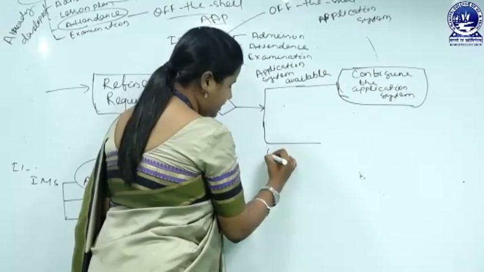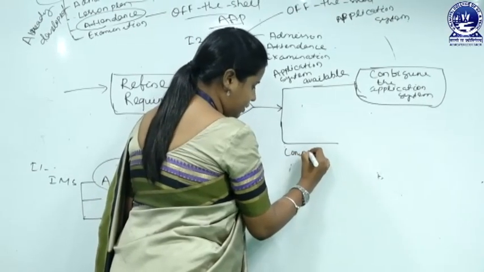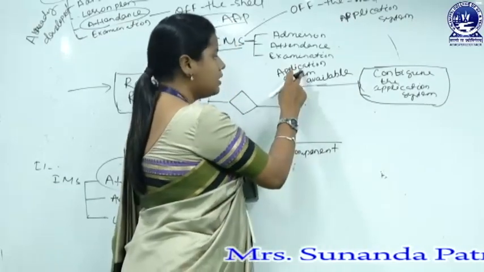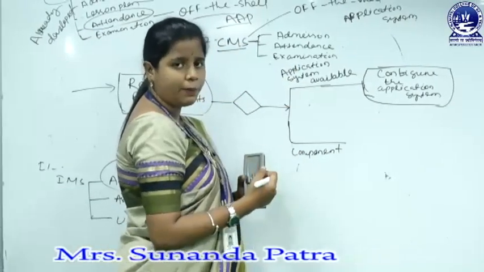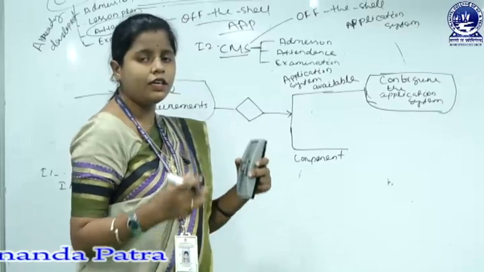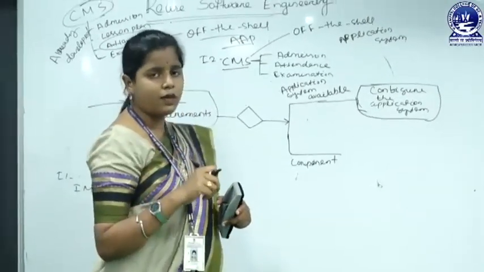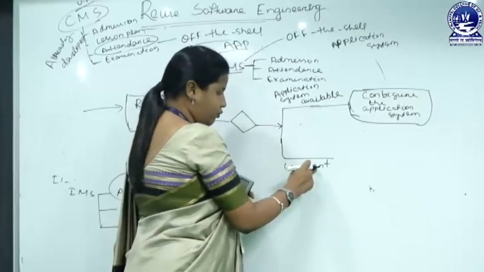Another condition is if all the components are available, that means the application system is available, because by configuring all the components we can get a system, but if only some of the components are available, then we go for this.